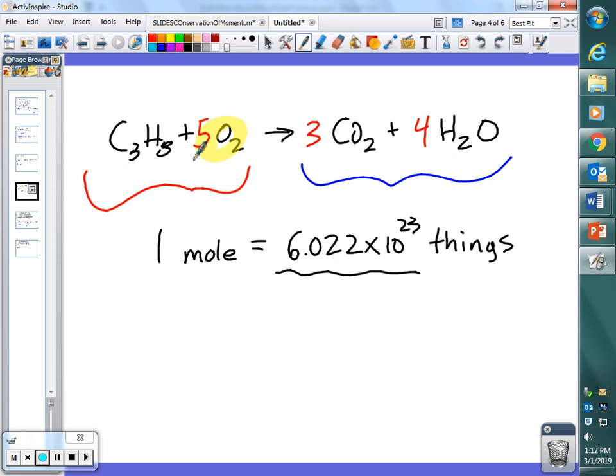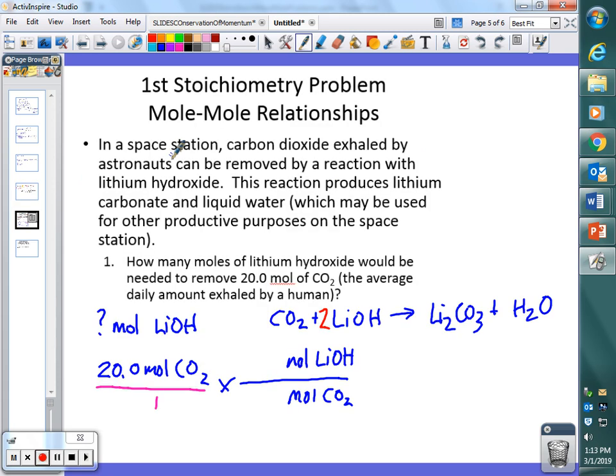The coefficients of the chemical equation compare the amount of one ingredient to the amount of the other ingredient. What is this equation telling us about the ratio of carbon dioxide to lithium hydroxide? 1 to 2. We need 2 molecules of lithium hydroxide for every 1 molecule of carbon dioxide.